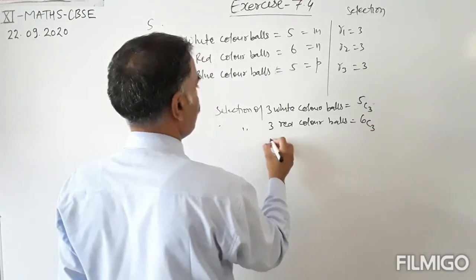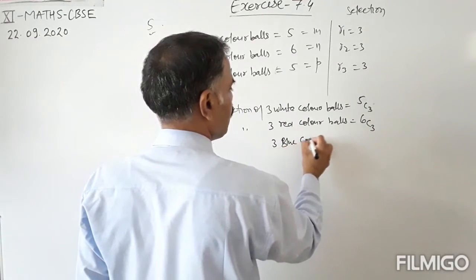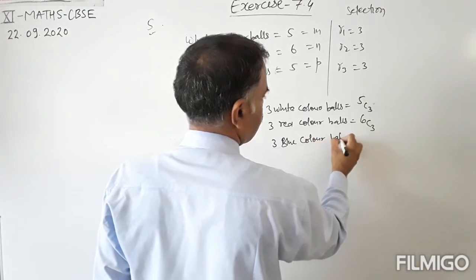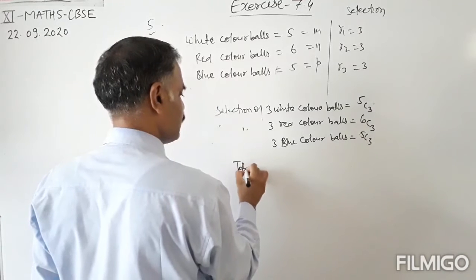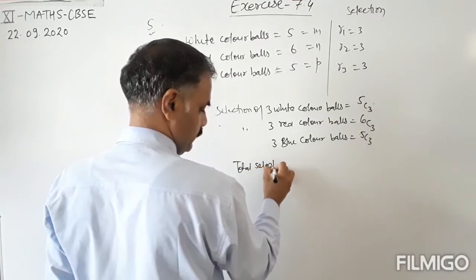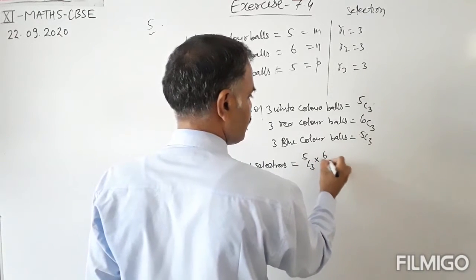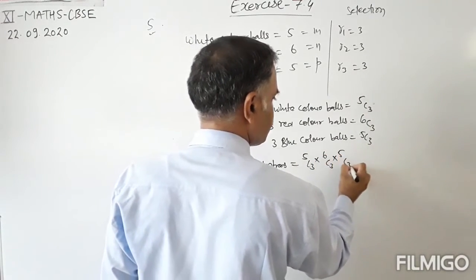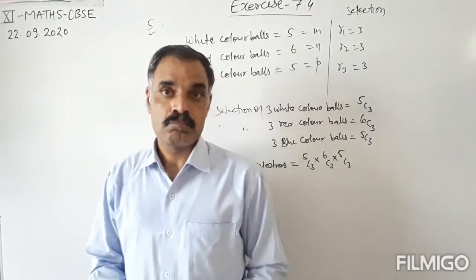And then selection of 3 blue color balls, that is 5C3. So the total number of selections are 5C3 multiplying 6C3 multiplying 5C3, using the fundamental principle of counting.